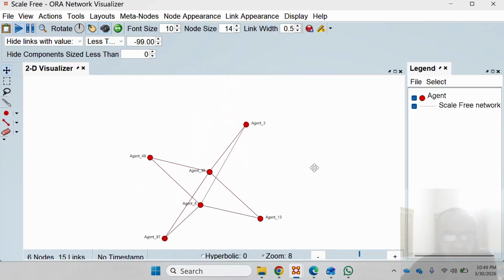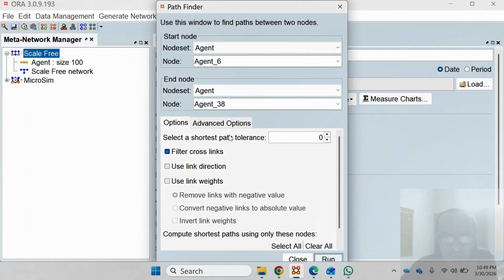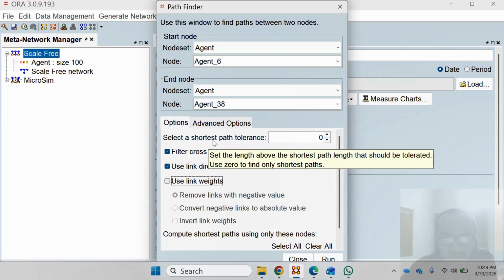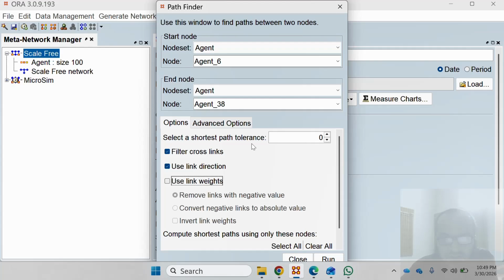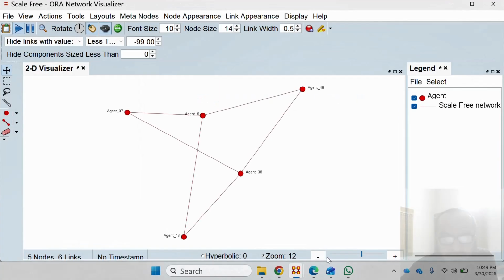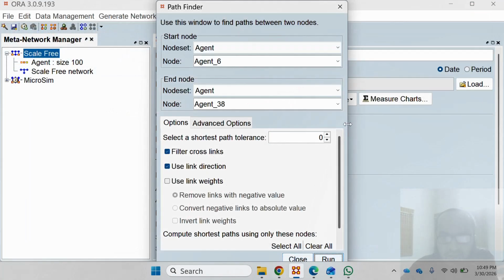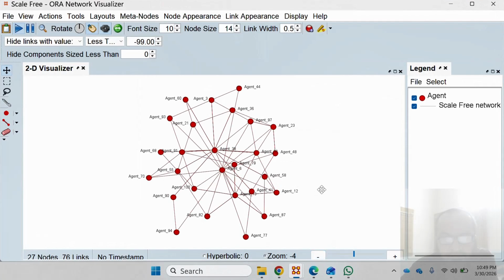I think there is a way in which it can be more useful: in links and out links, link direction. Maybe select a shortest path tolerance. Not sure. Run. See this. It's same. Let's run with this one. See this.